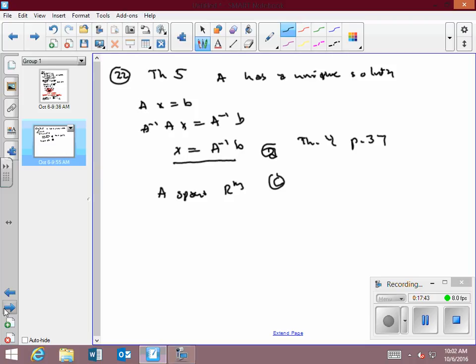So we've got to have access to those other theorems. At the bottom it says if A and B are square matrices and A times B is I, then A and B are both invertible, B equals A inverse, and A equals B inverse.